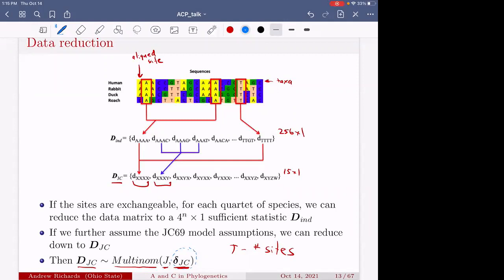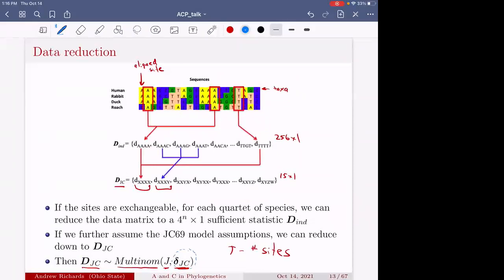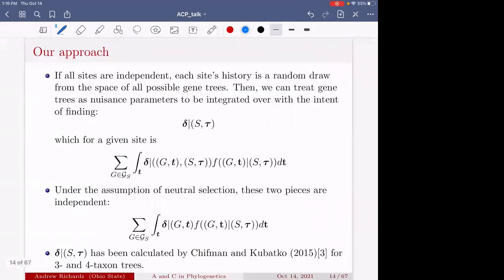Okay, so our approach to handling this multi-species coalescent problem is that if each site's history is a random draw from the space of all possible gene trees, then we can treat the gene tree history as a nuisance parameter to be integrated over. So our goal is to find that vector of site pattern probabilities given S, our topology, and tau, our speciation times.